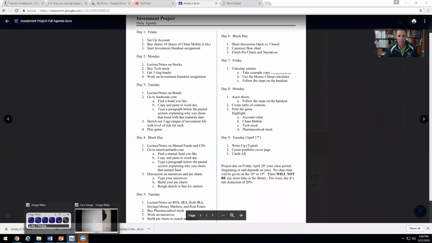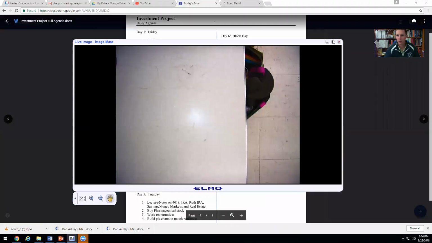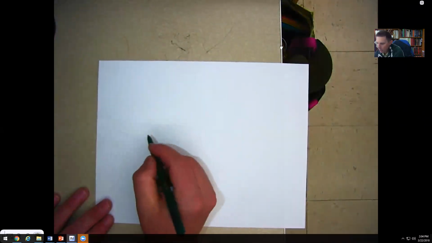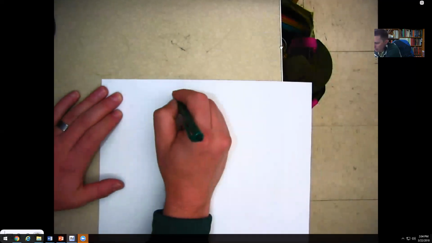So it looks like this. I'm going to bring up this right here, and hopefully you are seeing this. Yeah, there we are. So what I mean by 3 age ranges is I would like you to simply do this.